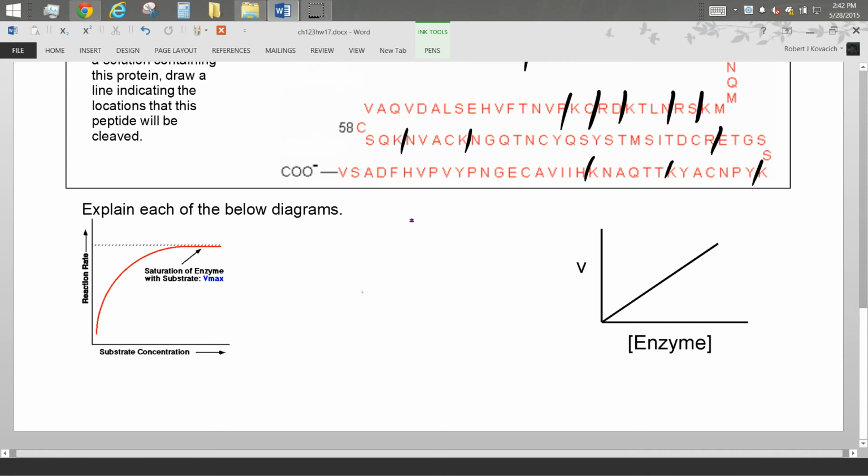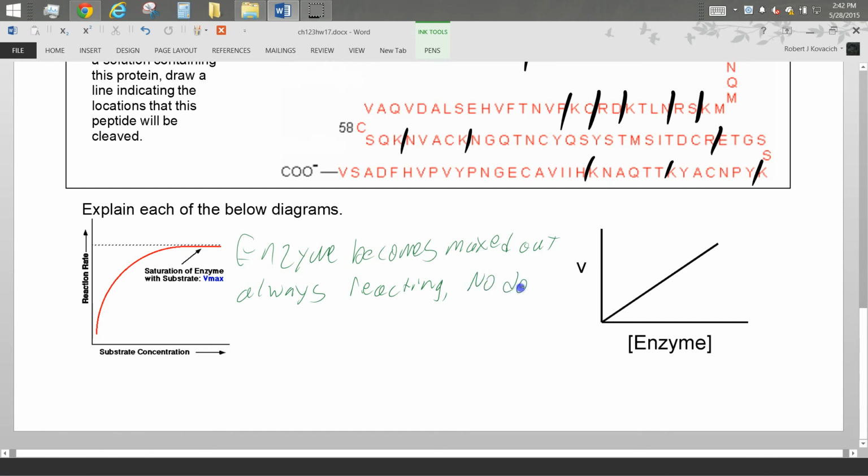Okay, so what's going on with this diagram on the left? The enzymes are on the right side? So we've reached the maximum turnover rate of this enzyme.